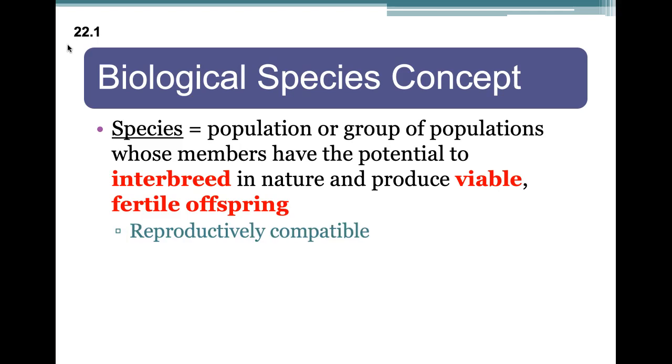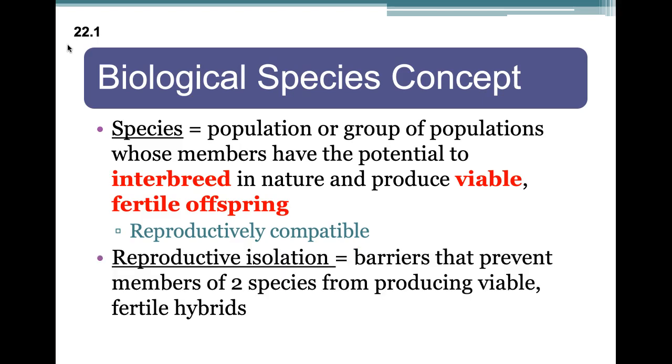They have to be reproductively compatible. Now, sometimes you have a species where they are no longer able to reproduce, so they are reproductively isolated. So reproductive isolation is some type of a barrier that prevents members of two species from producing viable, fertile hybrids.